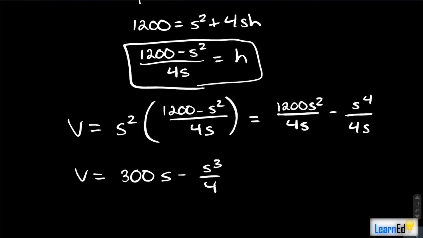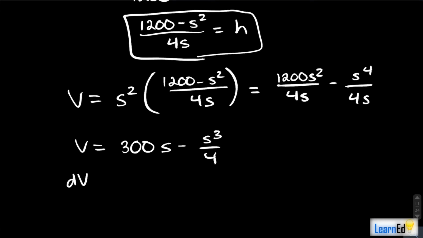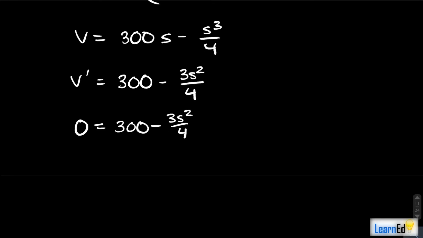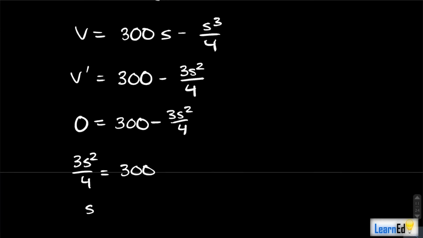Okay, taking a derivative, I'll denote this as v prime. We get 300 minus 3s squared over 4. If we set this equal to 0, we can add 3s squared over 4 on both sides, and then s squared will become, multiply the 4 over, 1200.